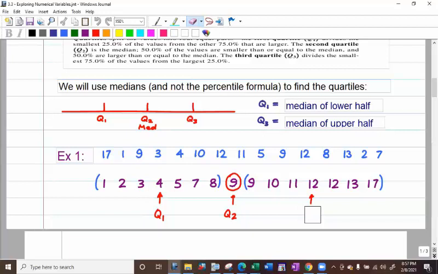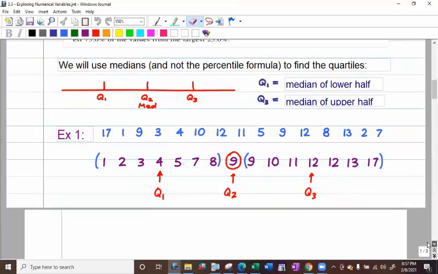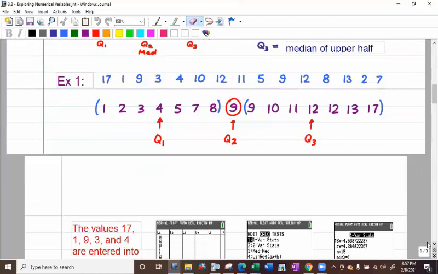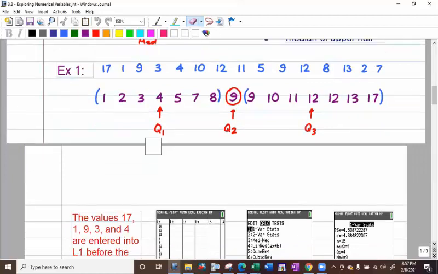And then Q3 will be the median of the upper 7 numbers, which will be that 12. So the quartile values are Q1 is 4, Q2 is 9, Q3 is 12.